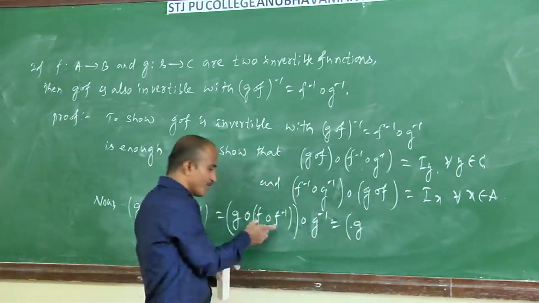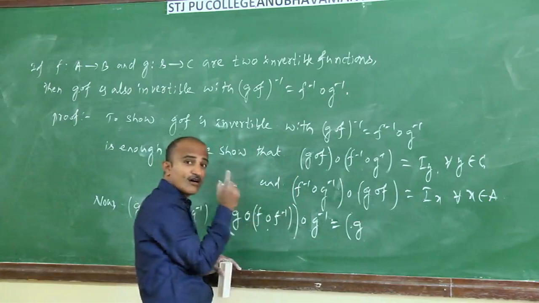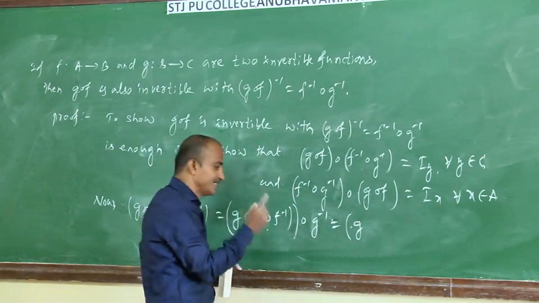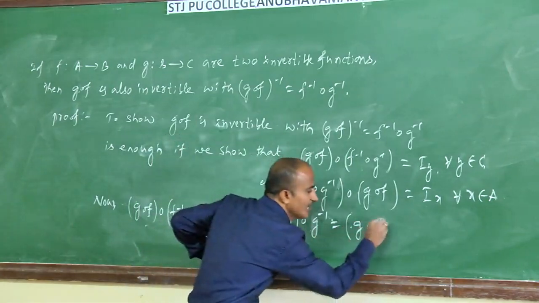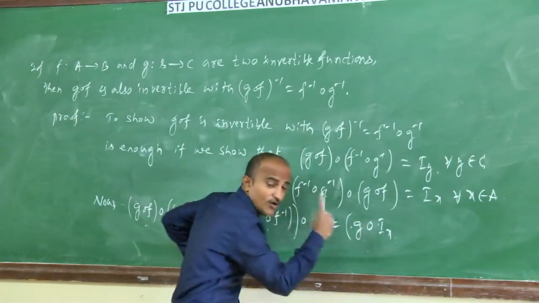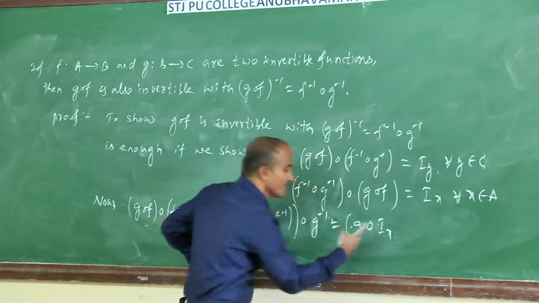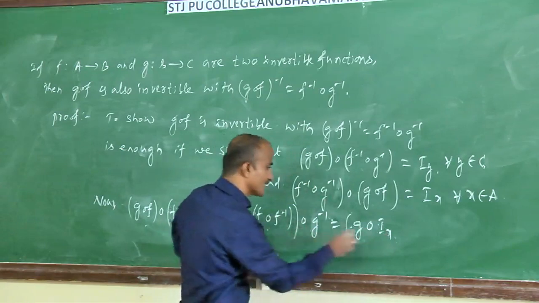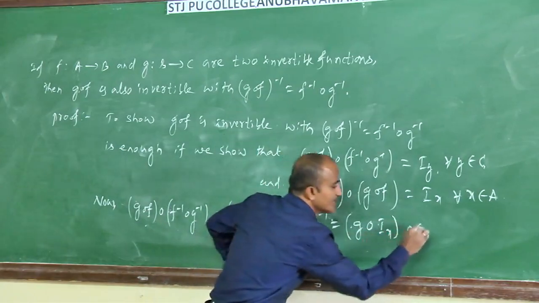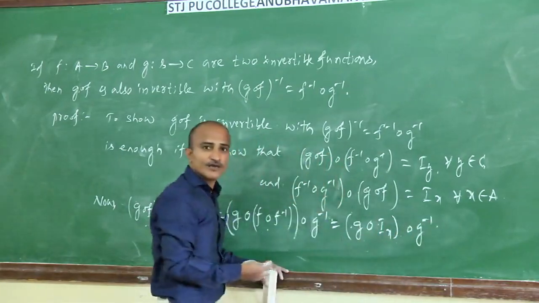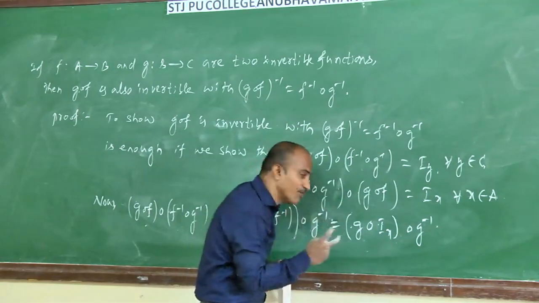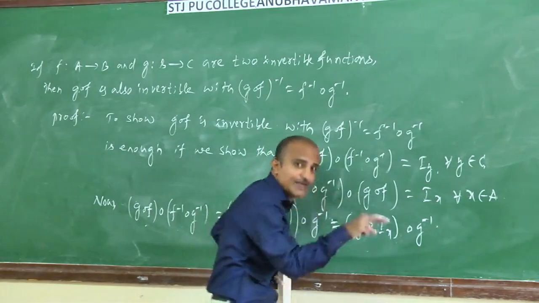See, whenever we compose f with its inverse, always we will get an identity element, that is g∘I of x for all x belongs to A, composed with g inverse. Whenever an identity element is composed with any element, we will get the same element.